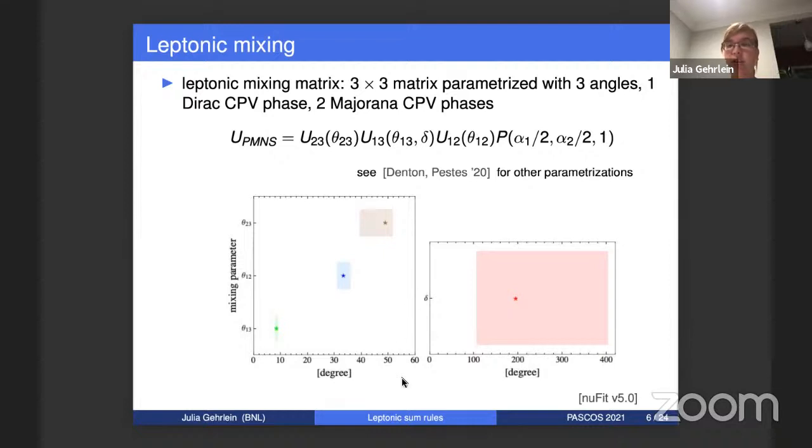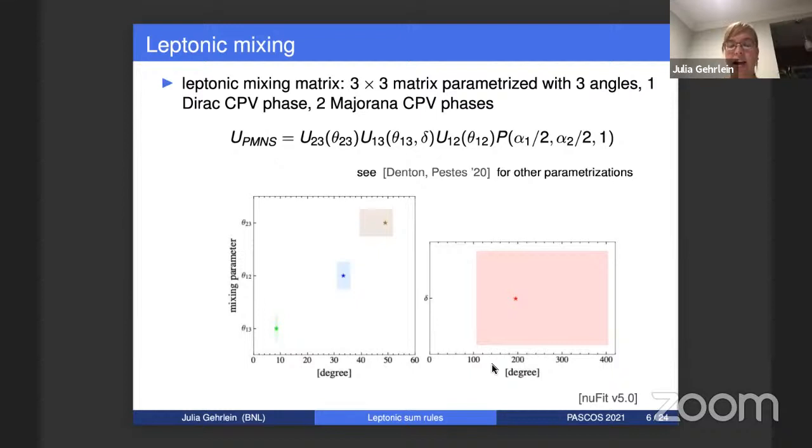We already have a good and consistent knowledge about the leptonic mixing angles. We know that one of the mixing angles, theta 2,3, is close to maximal. Another angle, theta 1,2, is also very large, around 32 degrees. And the smallest mixing angle, theta 1,3, has a value of around 8.5 degrees.